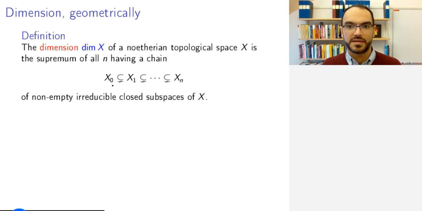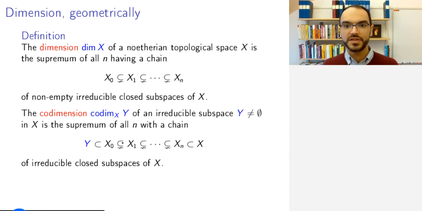So such a chain starts with x0 and goes on up to xn with strict inclusions, and the supremum over all n for which this is possible is the dimension of X. This is exactly analogous to the example of vector spaces that we just saw.